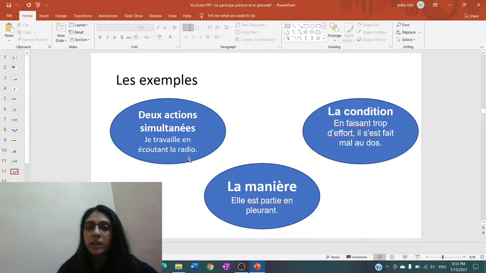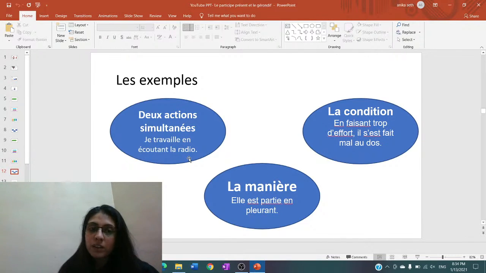Je travaille en écoutant la radio. When you get the answer to this "comment", it is clear that you have to place the gérondif, not the present participle. Even if we place it like this, it won't make sense in the sentence "I work listening to the radio", because in English we might say it like this.